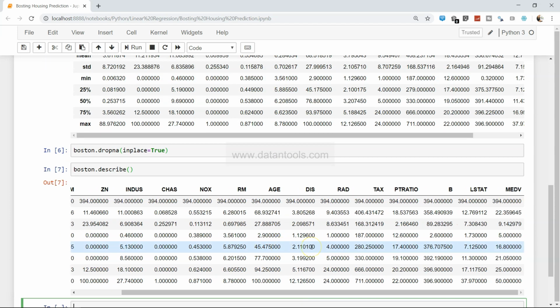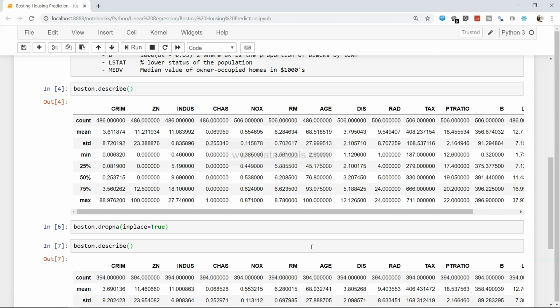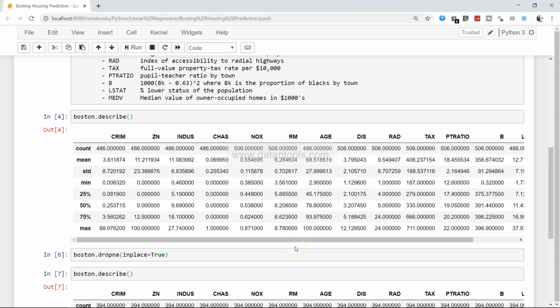So it's up to us what method we want to choose, whether we want to apply some other technique. For example, usually it has been applied that whatever the previous value is, just go ahead and replace it with the previous value.